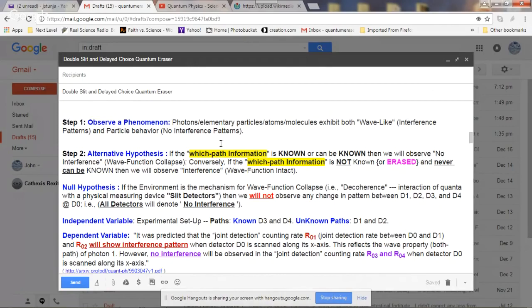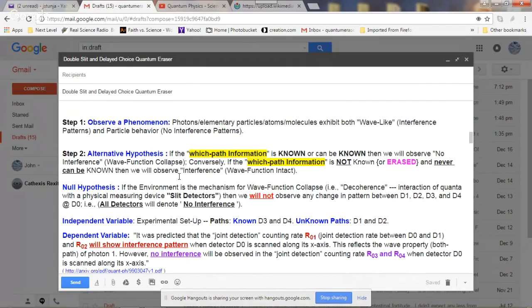The alternative is if the which path information is known or can be known, then we will observe no interference. Conversely, if the which path information is not known, or it's erased and never can be known, then we will observe interference.